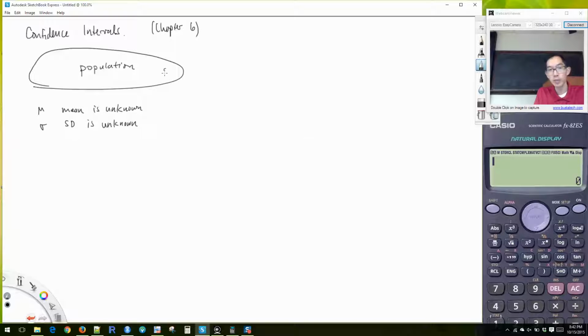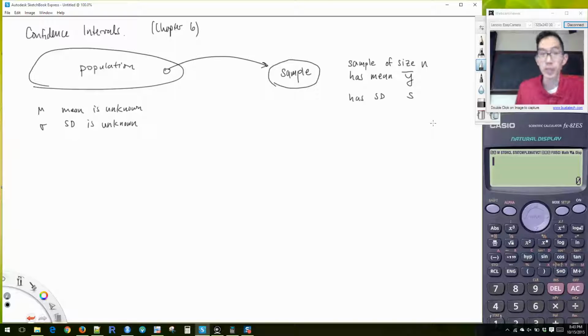But maybe we can still manage to obtain a random sample. And here's our sample. Our sample of size n has mean y bar and standard deviation s.